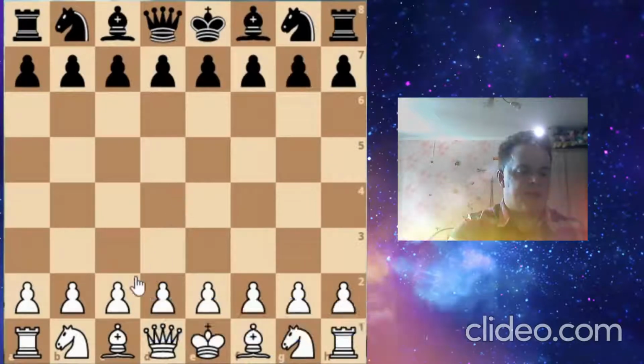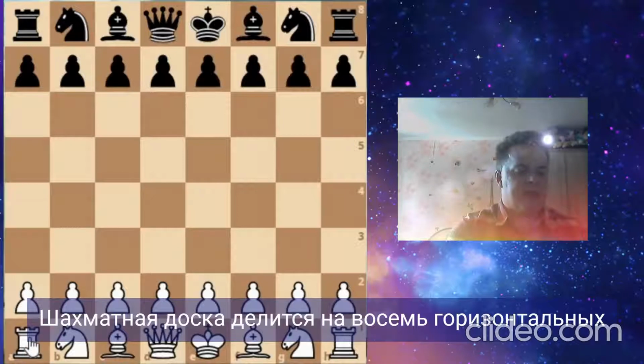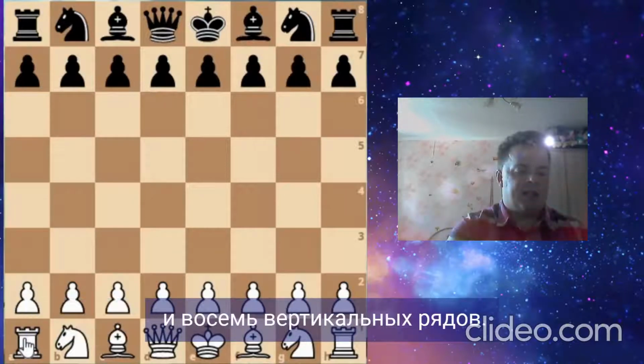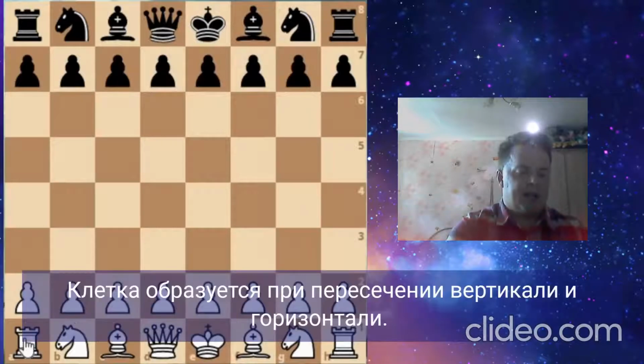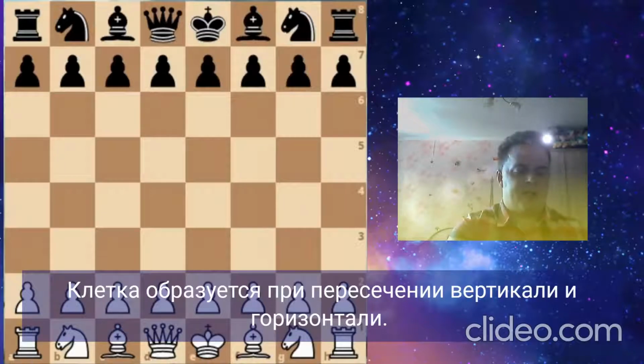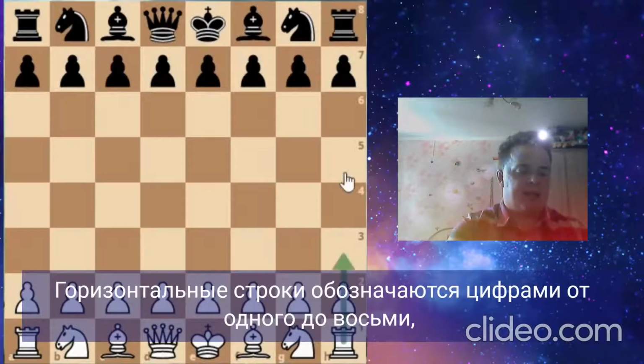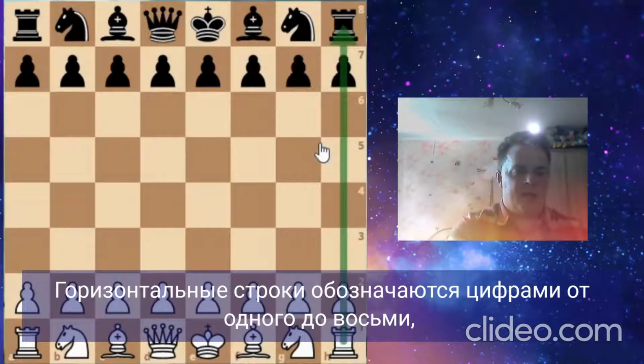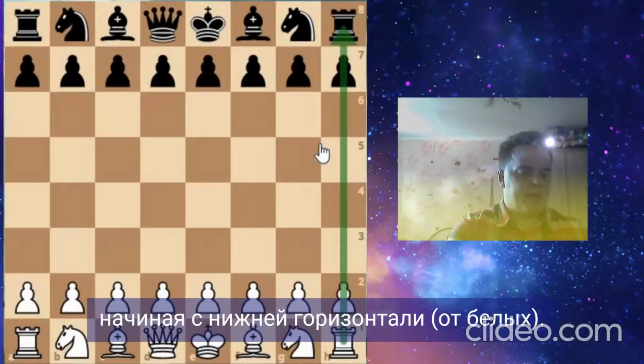The chessboard is divided into 8 horizontal and 8 vertical lines. Each square is formed by the intersection of a vertical and a horizontal line. Horizontal lines are defined by numbers from 1 to 8, starting from the bottom.